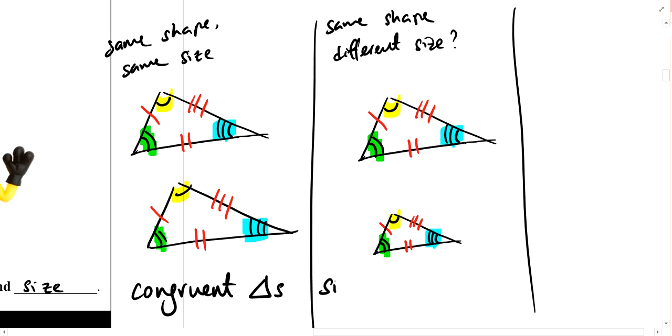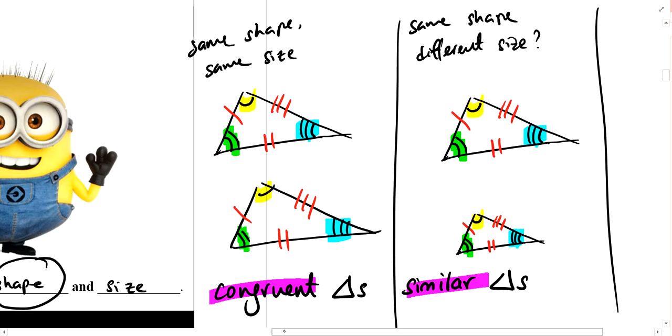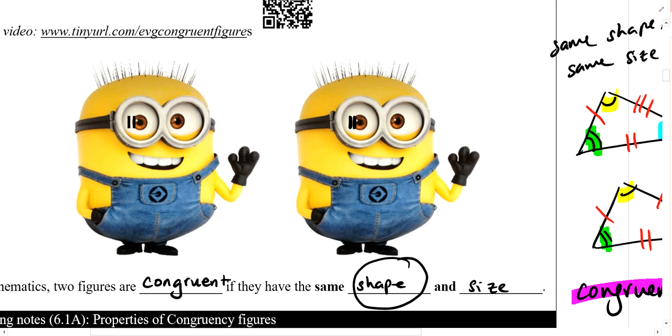This one over here would simply be called similar, S-I-M-I-L-A-R, triangles. These are the two keywords we are going to learn for this chapter: congruent and similar. In this case, these two minions have the same shape and the same size, so they are congruent.